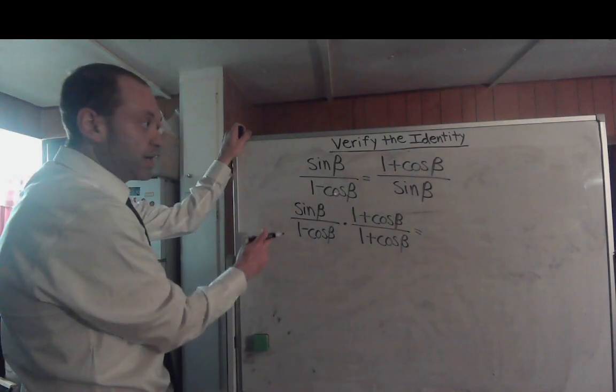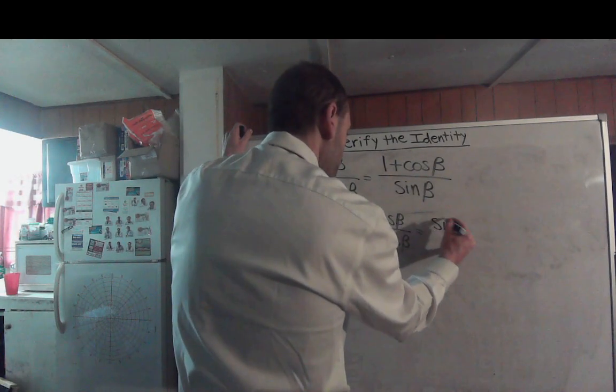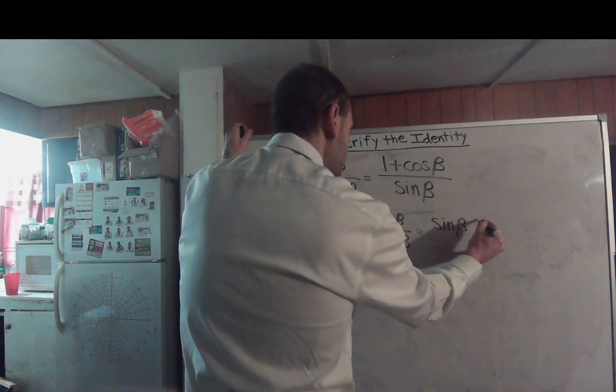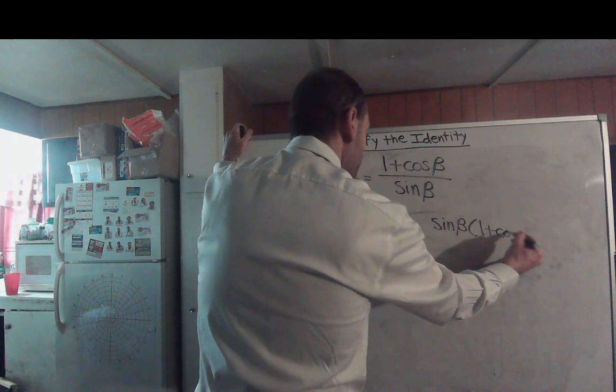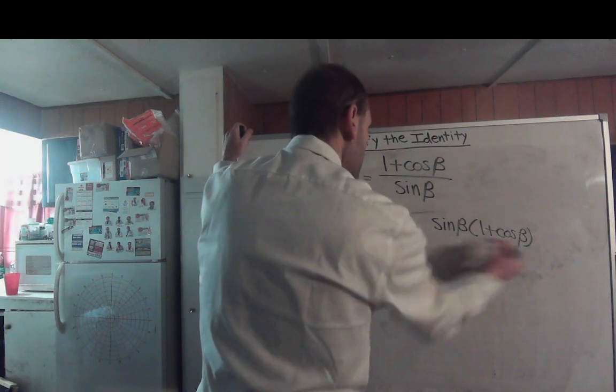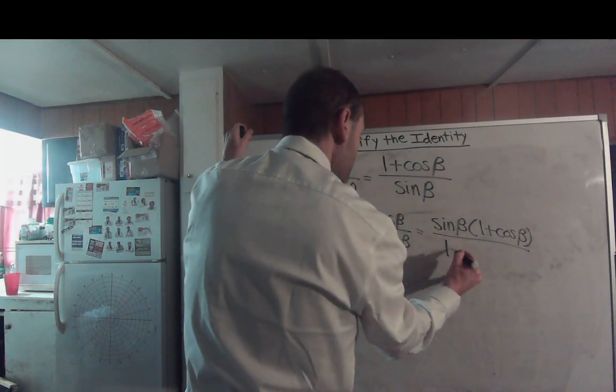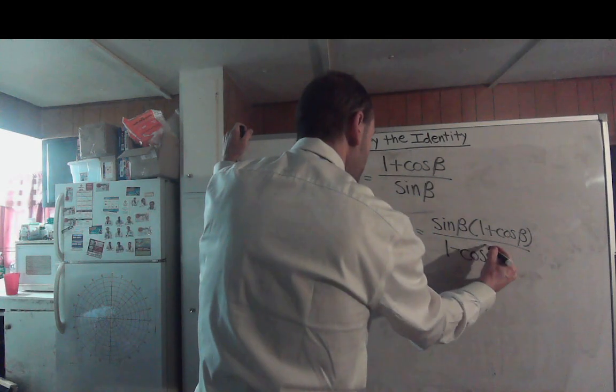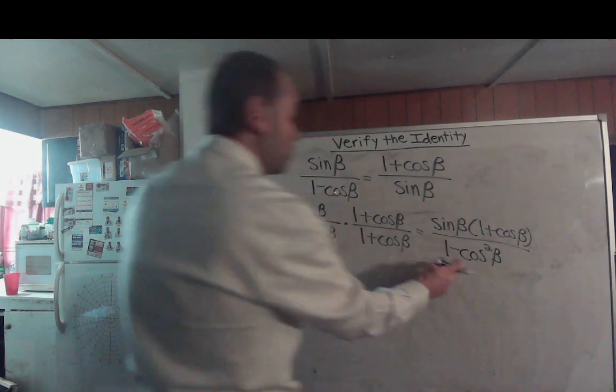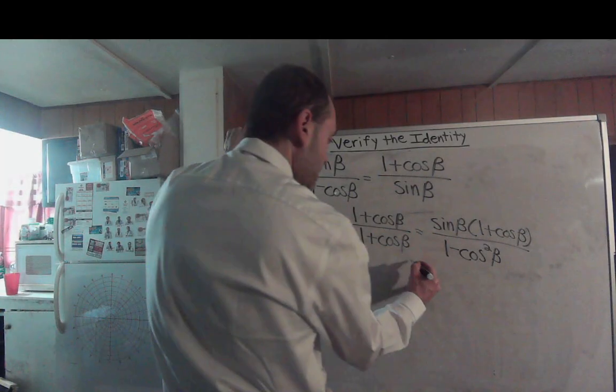Well, in the numerator, you'll end up getting the sine of beta times 1 plus the cosine of beta all over 1 minus cosine squared of beta. Well, what's 1 minus cosine squared? That's sine squared.